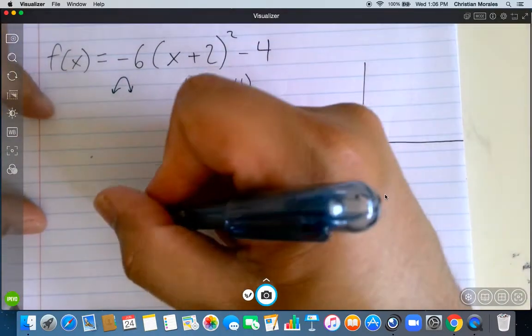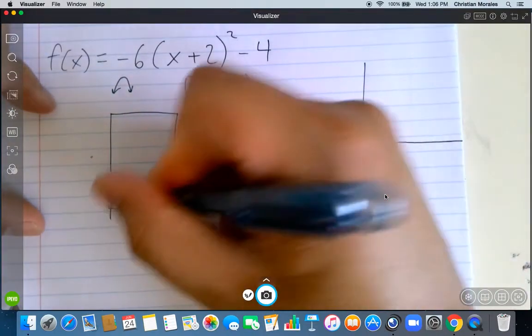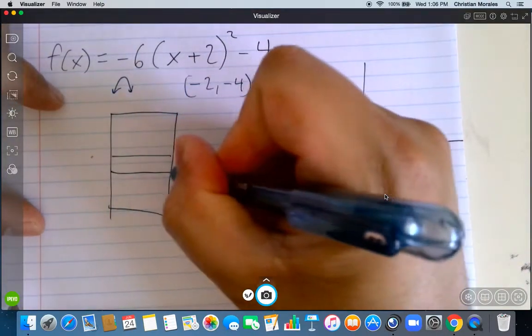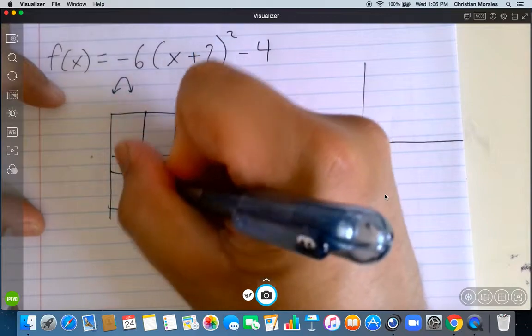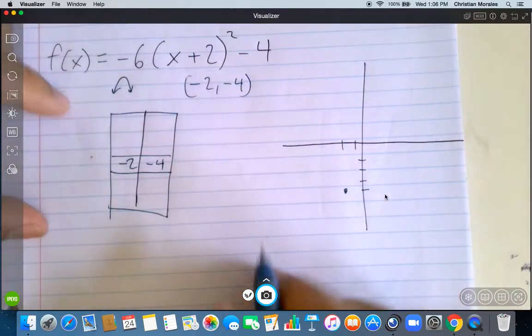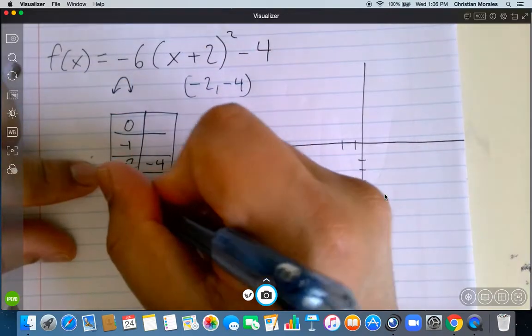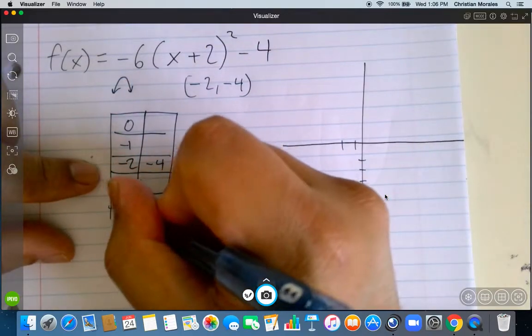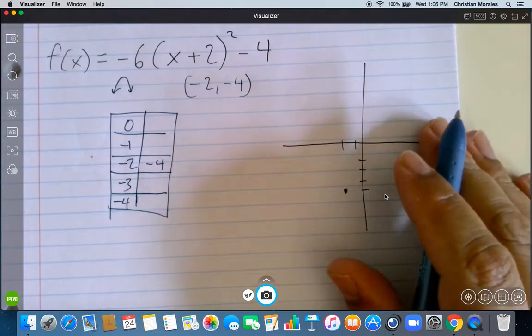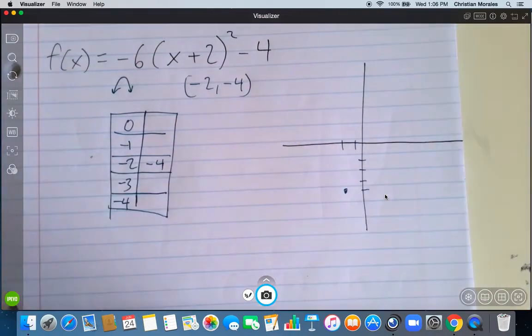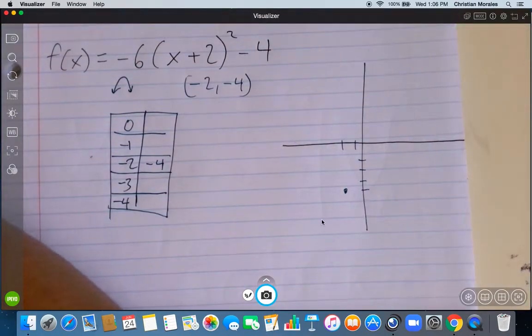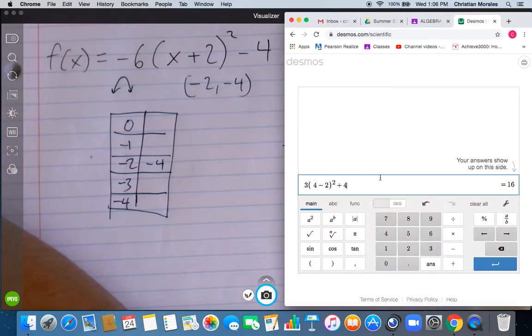Now again, I'm going to make a table where the points in the middle are -2 and -4. And I want the points next to it. I want -1, I want 0, I want -3, and I want -4. Now here's what you do now that you know the points reflect, when you use a calculator for this, okay? So let me go back, bring out the calculator.